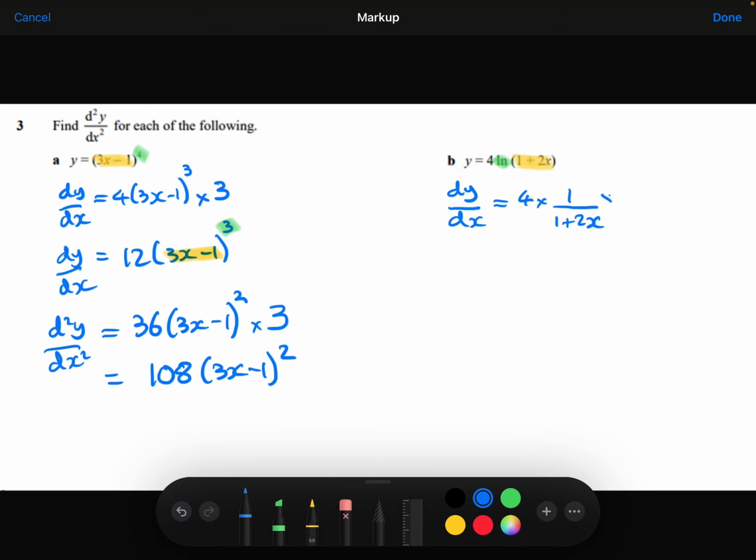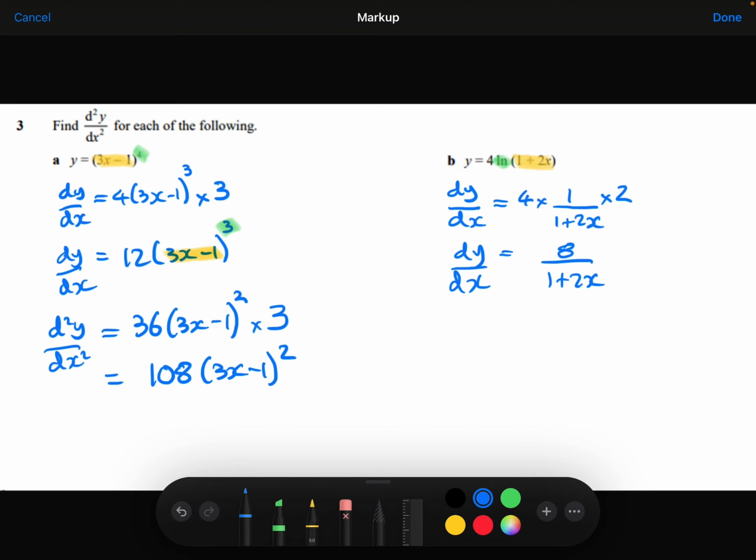And now I have to multiply this by the derivative of the inside function. The derivative of 1 plus 2x is 2. And that's going to simplify just to be 4 times 1 times 2 is 8. So this is my first derivative.